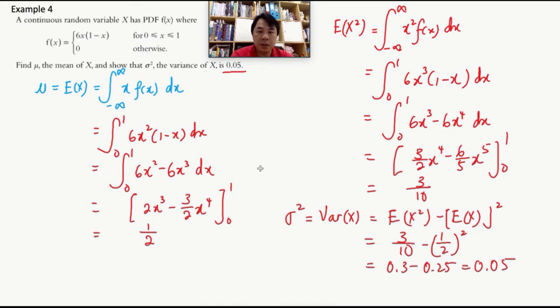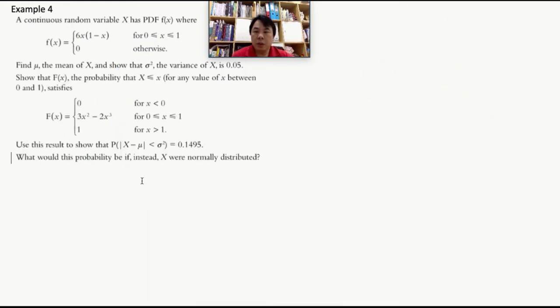We're going to open up the second part and then work it through. Second part, we need to show that the distribution function related to continuous random variable x satisfies this piecewise function here. And then after that, we need to use this cumulative distribution function to show that the probability of x minus mu lying within that variance is about 15%, or 0.1495 in this case.